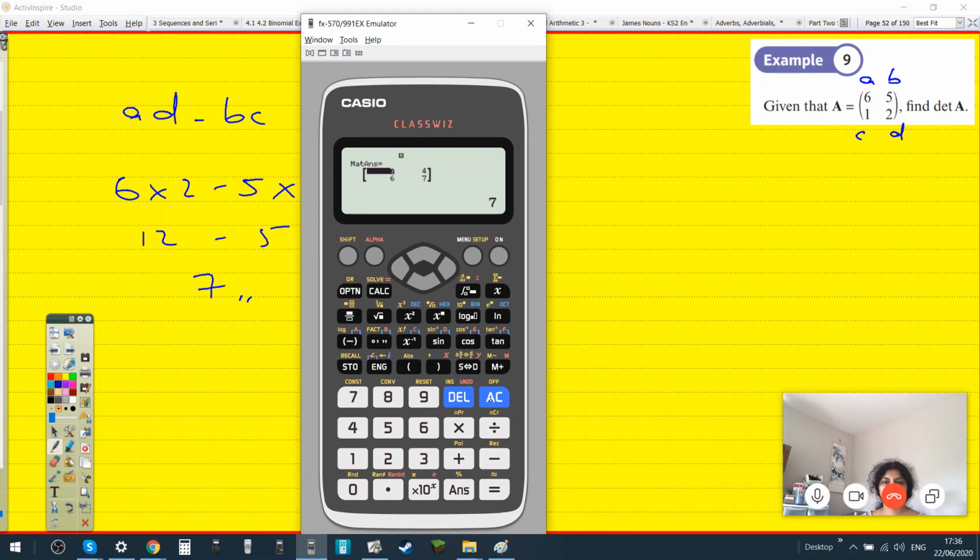Calculator. Option. I'm going to define matrix D, 2 by 2: 6, 5, 1, 2.